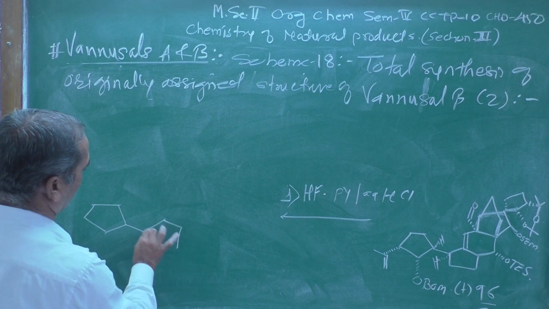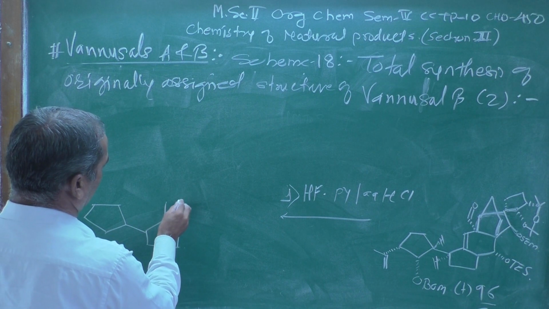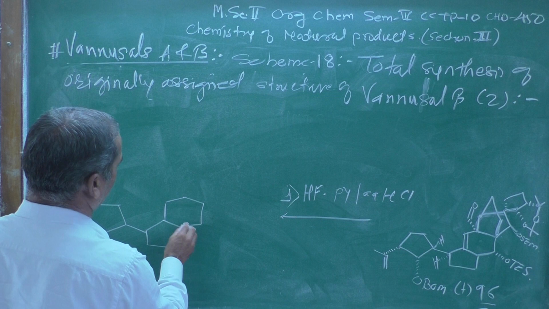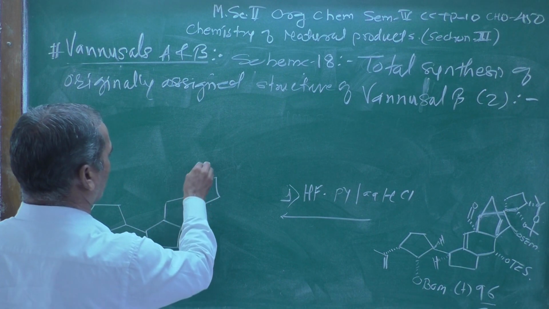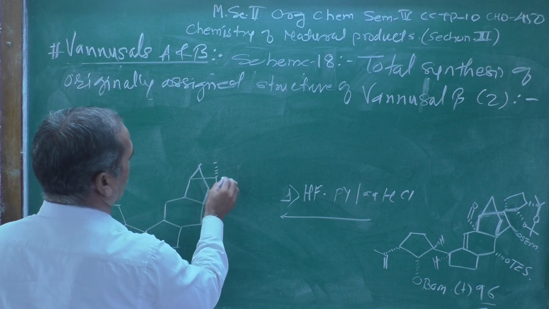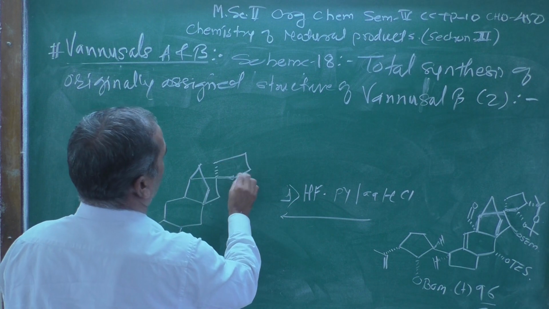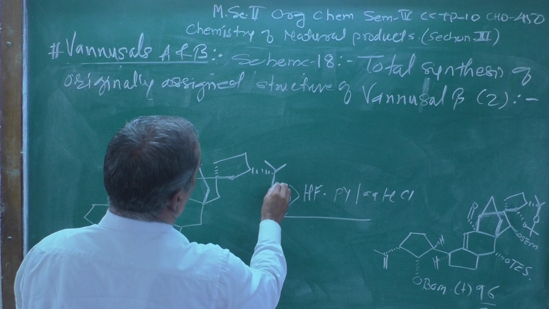So, this is a 5-membered ring joined through a single bond, and then there is a 6-membered ring followed by the 5-membered ring joined over here. Now there is a 5-membered ring and then another 5-membered ring. Here is a hydroxyl group attached.